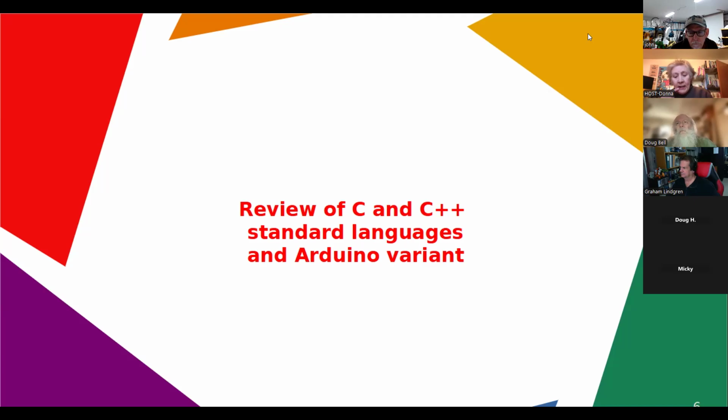Okay, and on Arduino, that's mostly non-existent because the Arduino variants of C and C++ don't have a traditional full operating system.